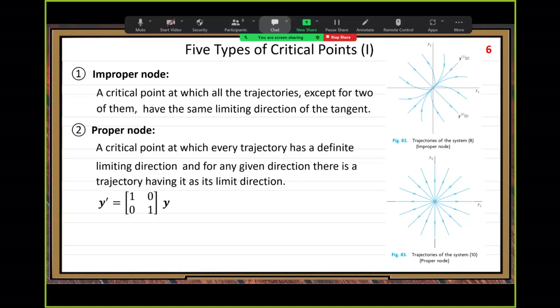Here is a simple example. Its characteristic equation has a double real root.